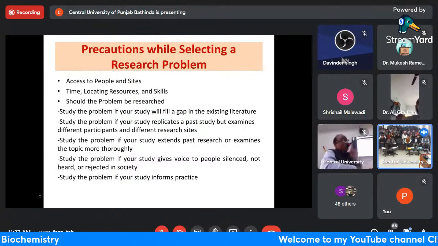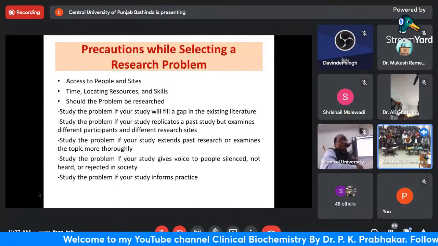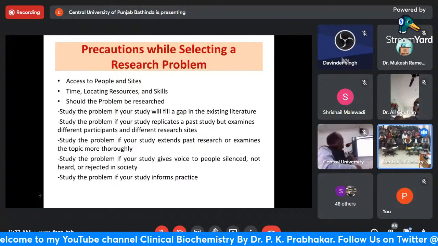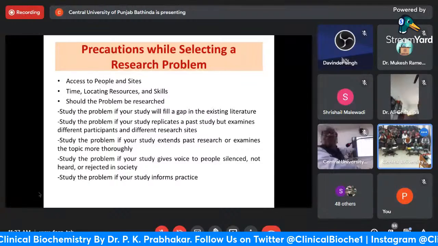So we should not be casual at any point of time for the sake of submitting the thesis to get acknowledgement. While selecting the research problem, we should also think of all these aspects.